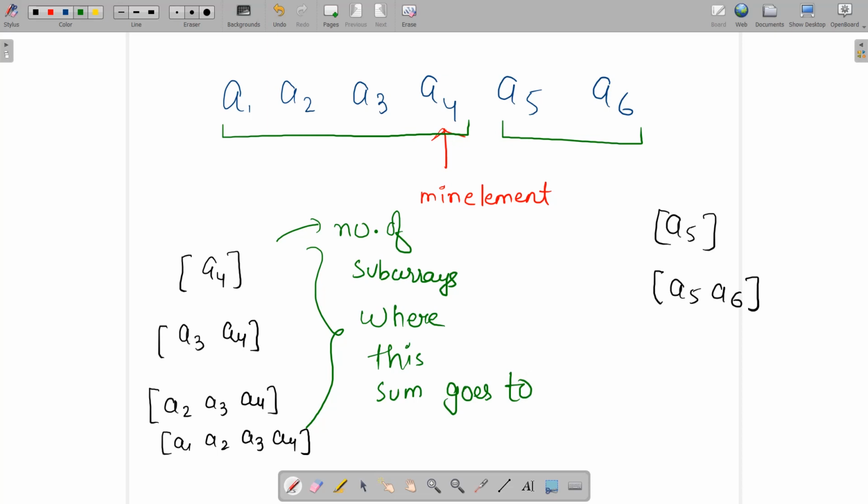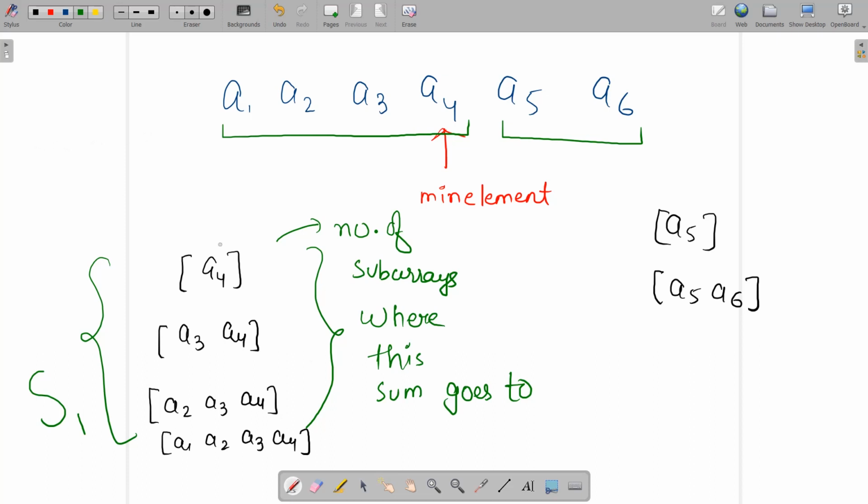Let me write it down clearly. If you focus on these parts, A4, A3 to A4, for these sums, let it be S1. Now this S1 not only lies over these positions like A4, A3 to A4, A2 A3 A4, A1 A2 A3 A4. It lies to some more extent.